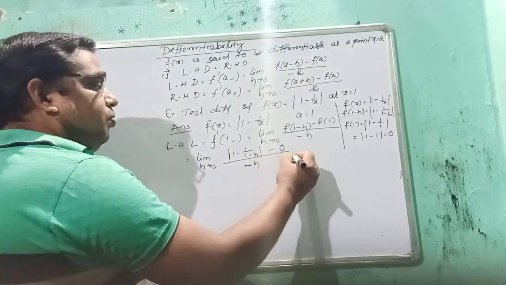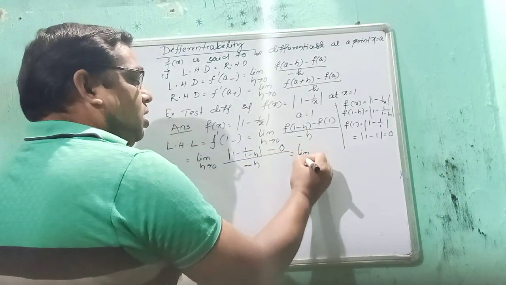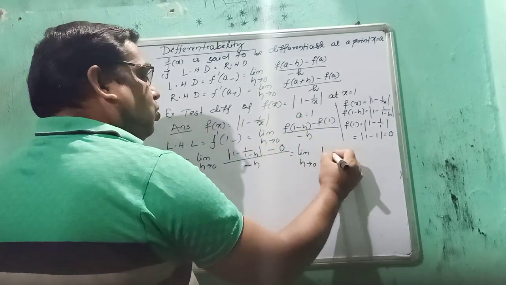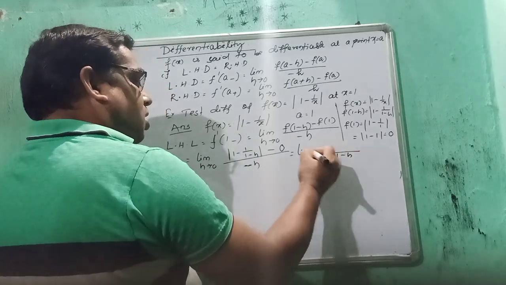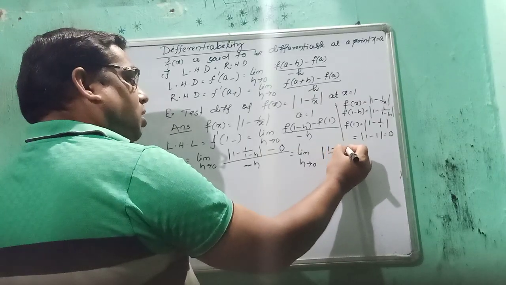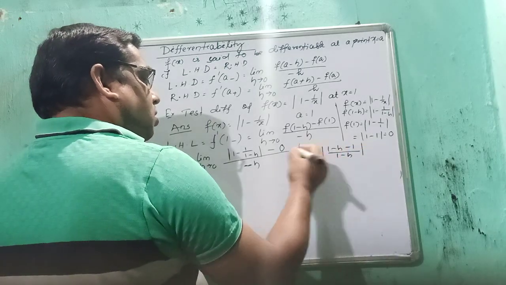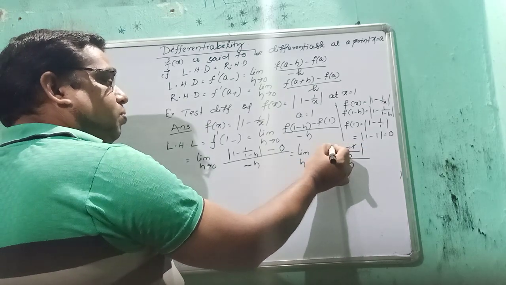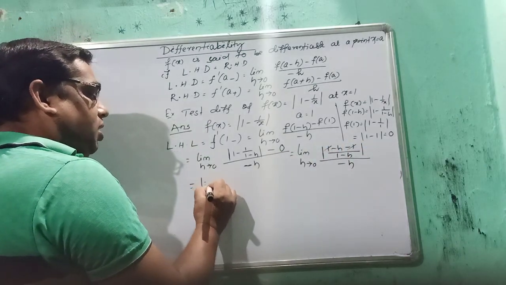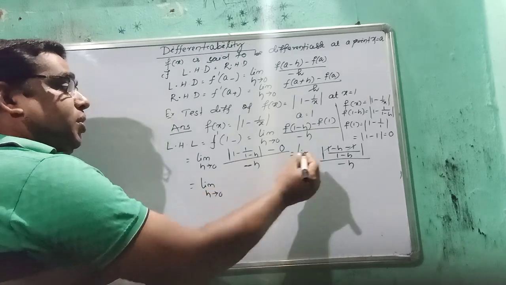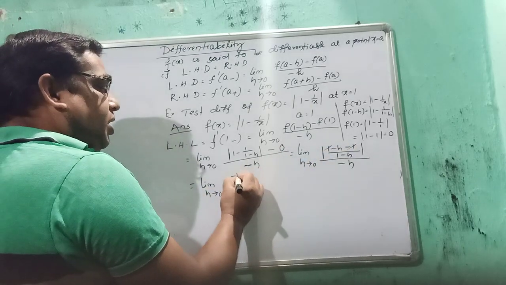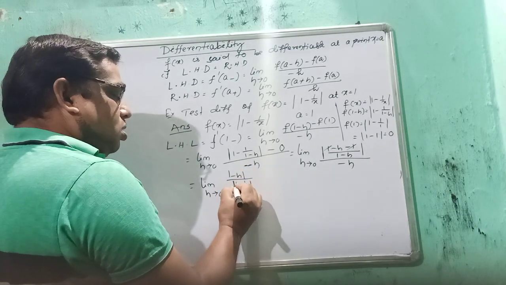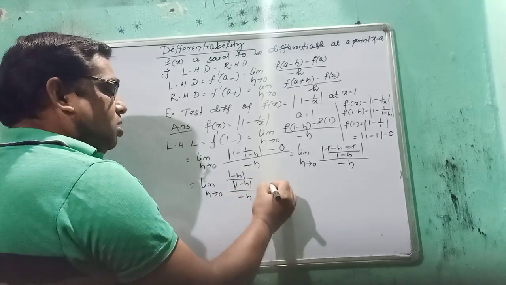Then limit h tends to 0, now take the LCM, 1 minus h, so modulus of (1 minus h minus 1) by (1 minus h), minus 0, divided by minus h. Here minus 1 and plus 1 cancel, giving minus h. Now we can write modulus of minus h by modulus of 1 minus h, divided by minus h.